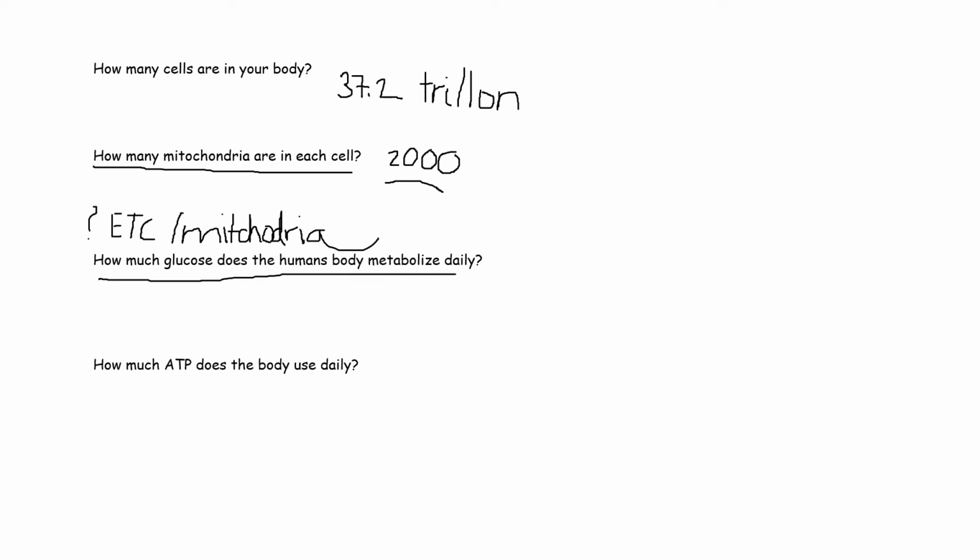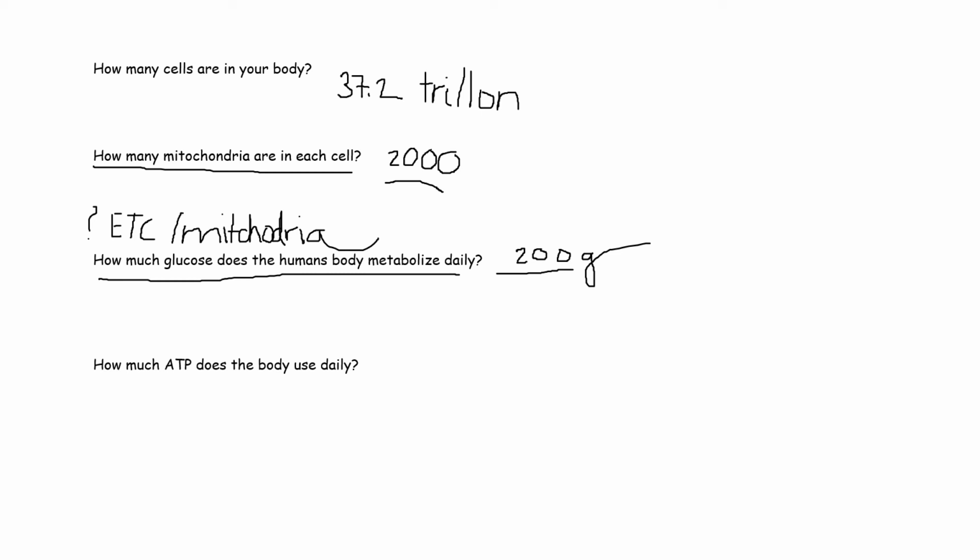How much glucose does the body metabolize daily? On average, and this too depends upon your size, about 200 grams of glucose are metabolized daily.